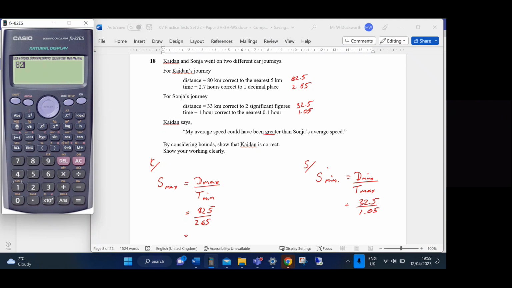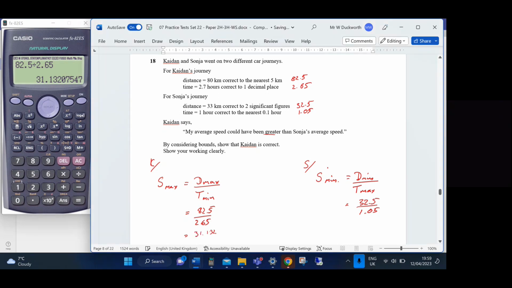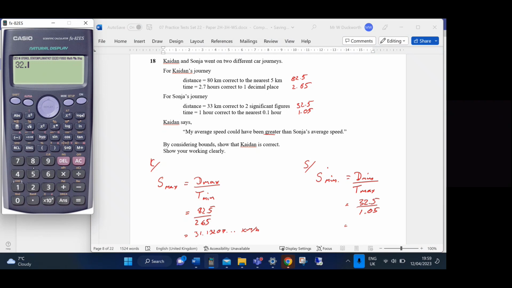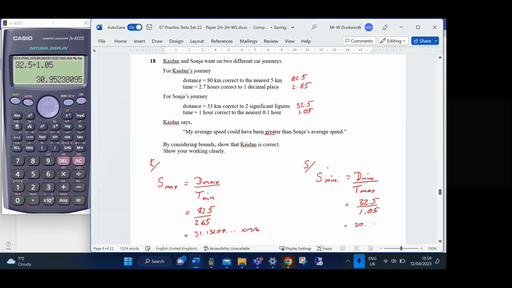Right, so 82.5 divided by 2.65 gives me a value of 31.13207... kilometers per hour. And then for Sonia, I'm doing 32.5 divided by 1.05, and that gives me a value of 30.9523... kilometers per hour.